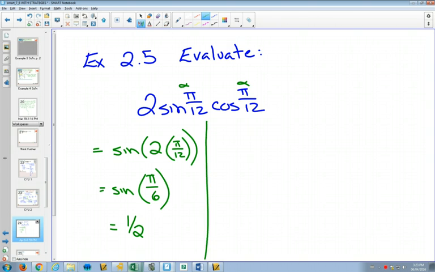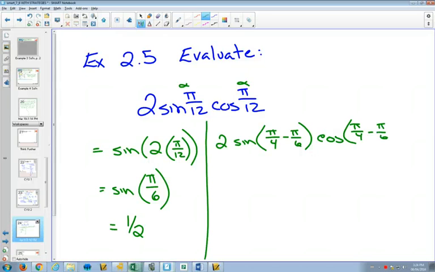Well, maybe you might use pi over 4, which is 3 pi over 12, minus pi over 6, cos pi over 4 minus pi over 6.